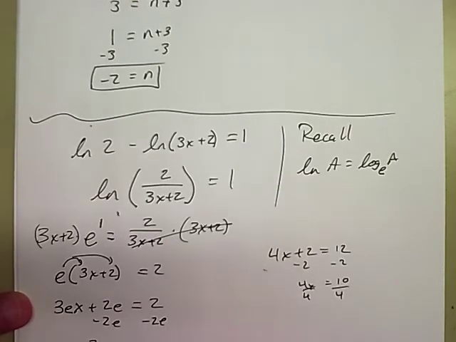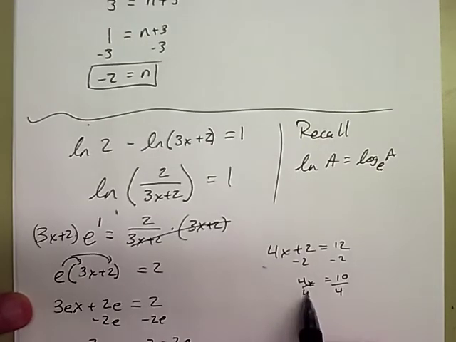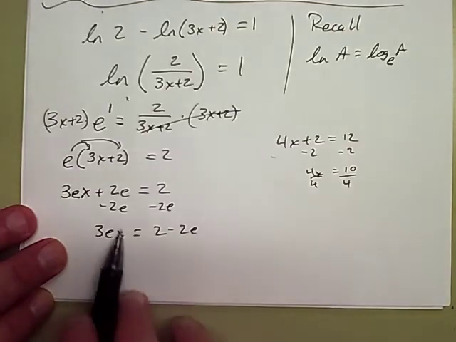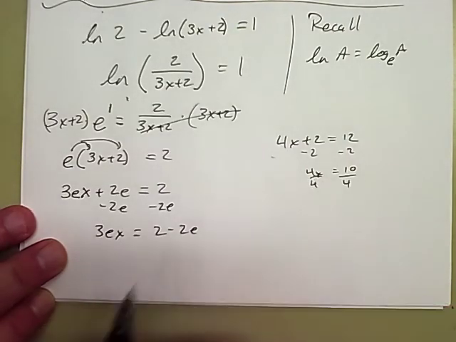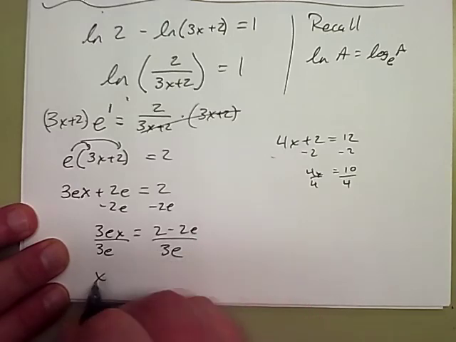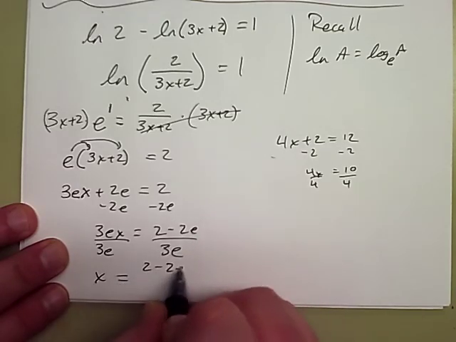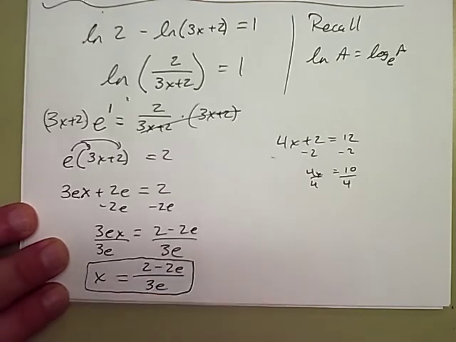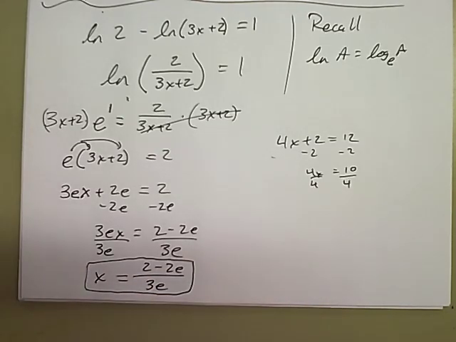So 3ex equals 2 minus 2e. And now I would just divide by the number, just like we divided the 4 over here. So here I divide by 3e, divide by 3e, and x equals 2 minus 2e divided by 3e. And that would be my final answer.